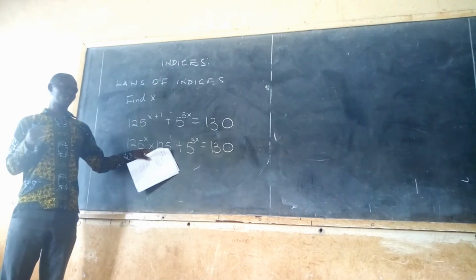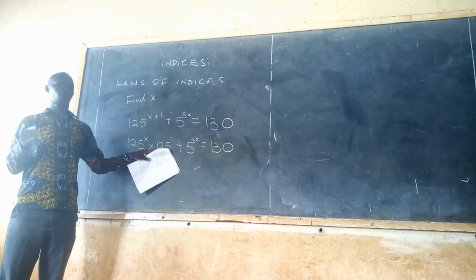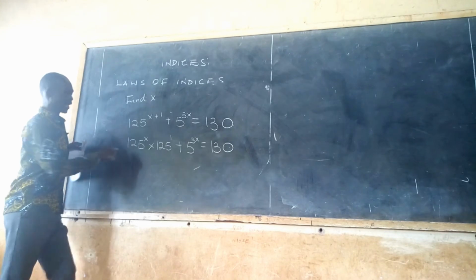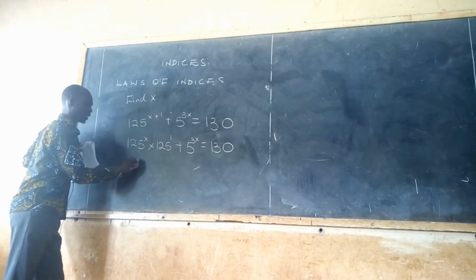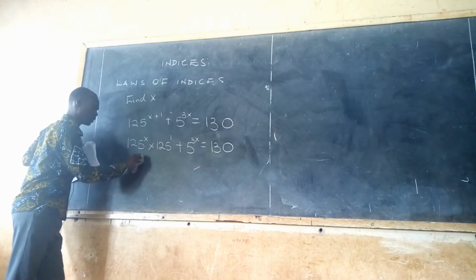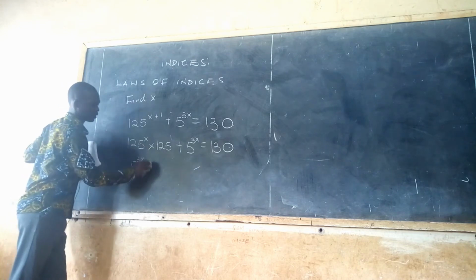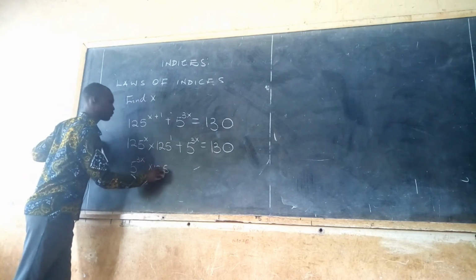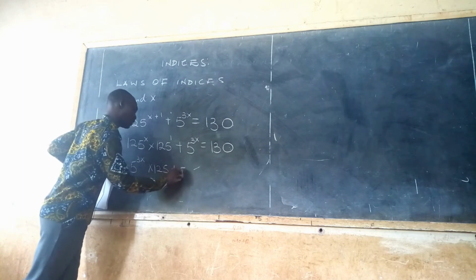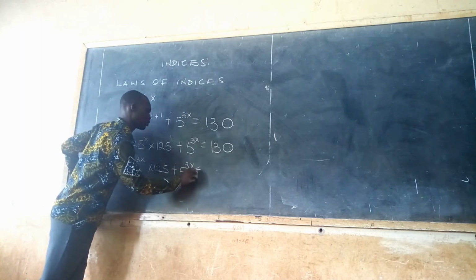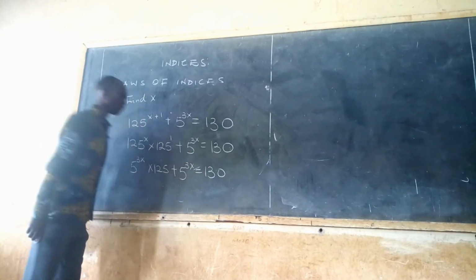It is after the expansion that I now look for a common base for the numbers with x in their index. I can see that 125, I can write it as 5 cubed, then there is an x, times 125 plus 5 to the power 3x will give me 130.